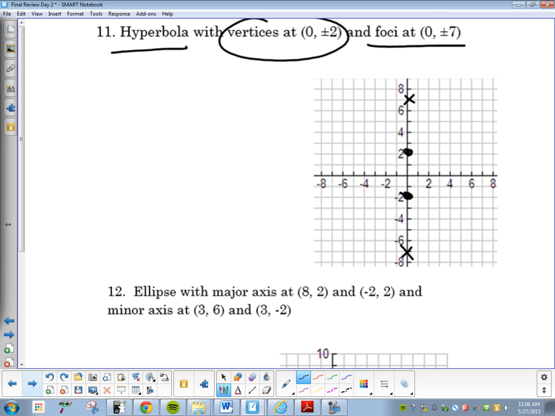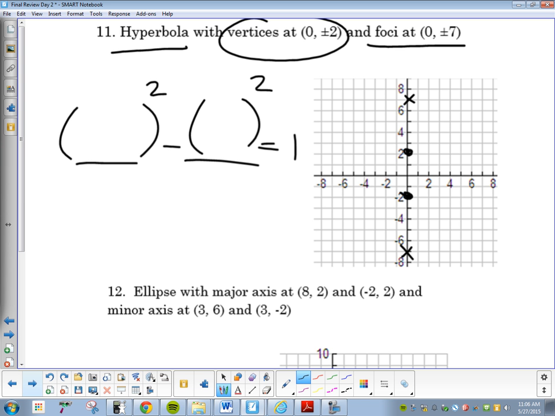Okay, we are writing the equation of a hyperbola. We can put that stuff right there in it. Okay, that is the basic equation of a hyperbola. That's what we need every single time.